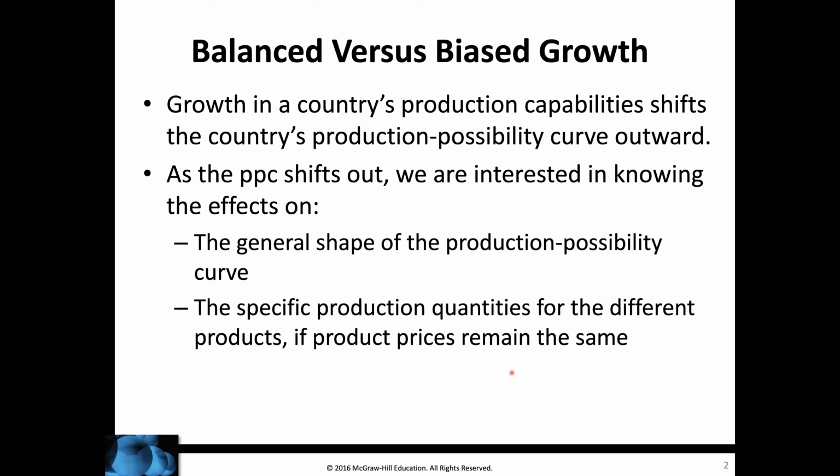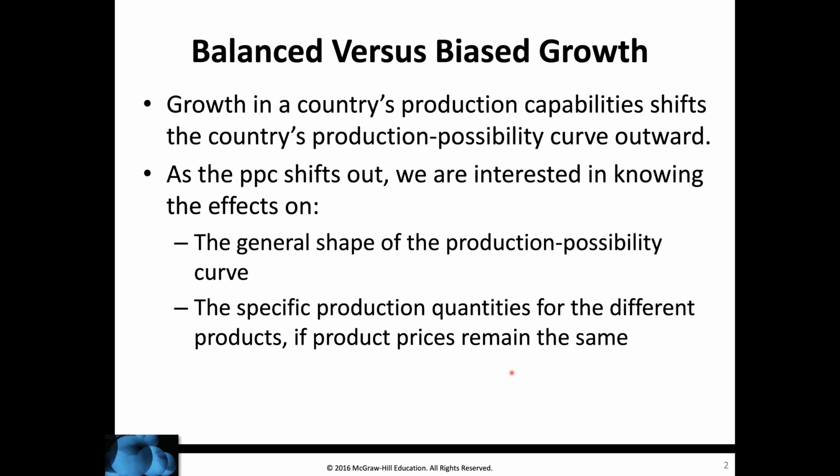So if the production possibility curve shifts out and proportionately the products have the same share of production in the country, we'd call that balanced.